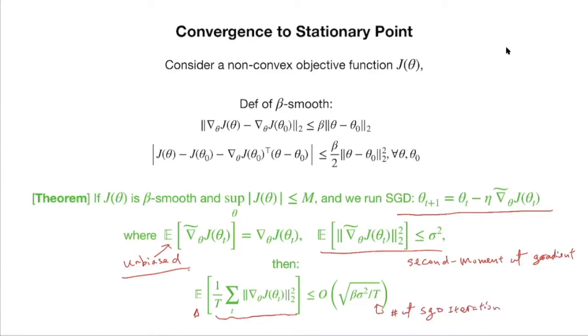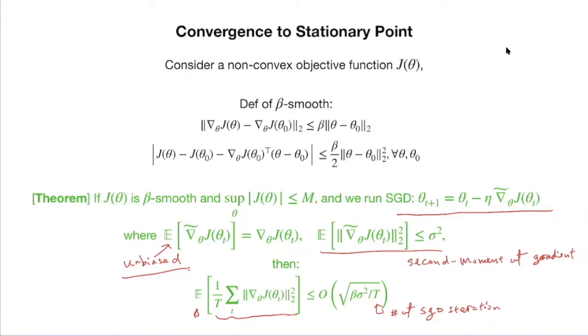If I check the gradient norm along these points, then on average the norm of the gradients is shrinking to 0 at the rate of 1 over square root of t, where t is the total number of iterations so far. So if I run this algorithm long enough, eventually all my points will have tiny gradient norm.